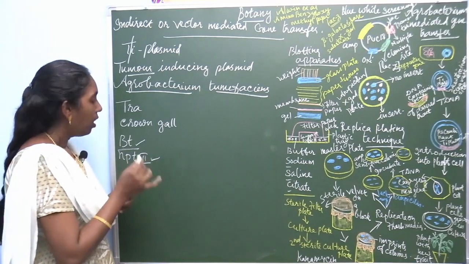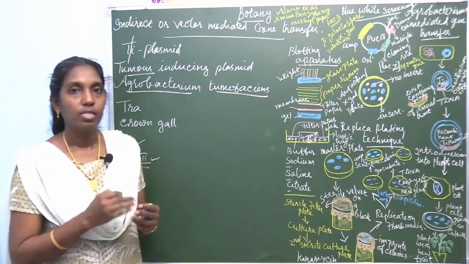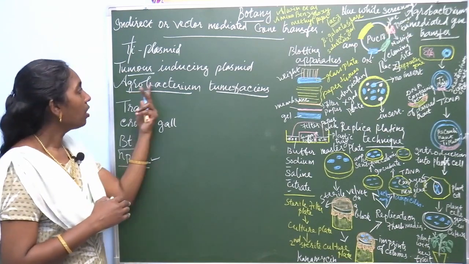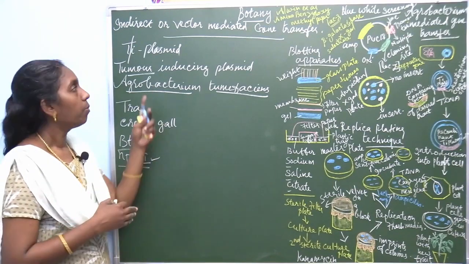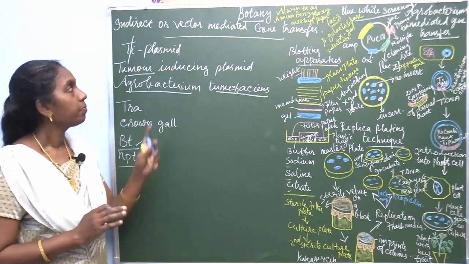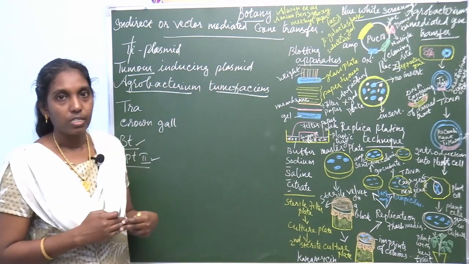Likewise, NPT2 is the antibiotic resistance gene. This is also cloned by the Ti plasmid. So, first question, vector mediated gene transfer.